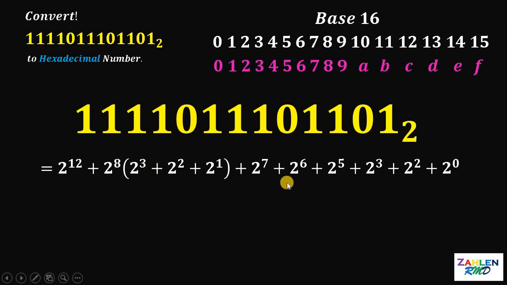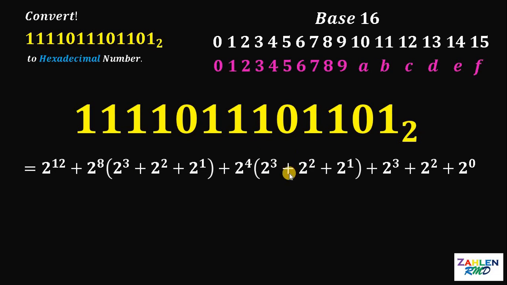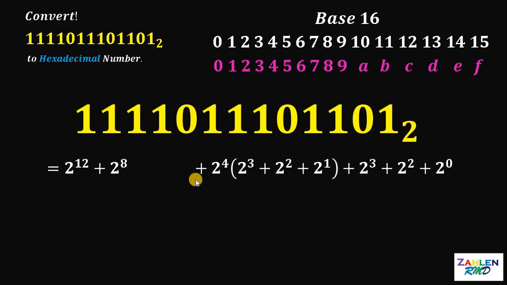Now, from 2 raised to 7, 2 raised to 6, and 2 raised to 5, let's factor out 2 raised to the 4th. If we do that, we get 2 cubed, 2 squared, and 2 raised to 1. And this is multiplied by 2 raised to the 4th power. And now, let's simplify. 2 cubed plus 2 squared plus 2 raised to 1 will give us 14.